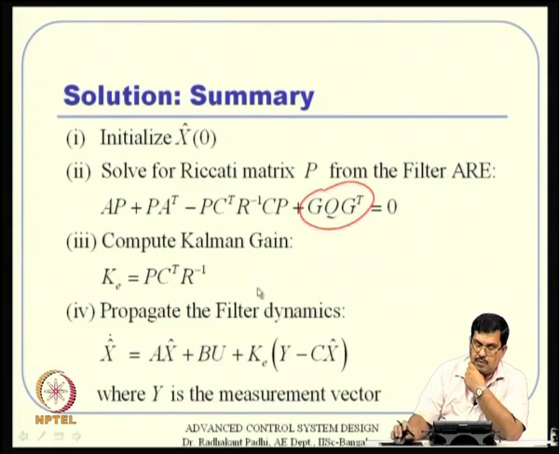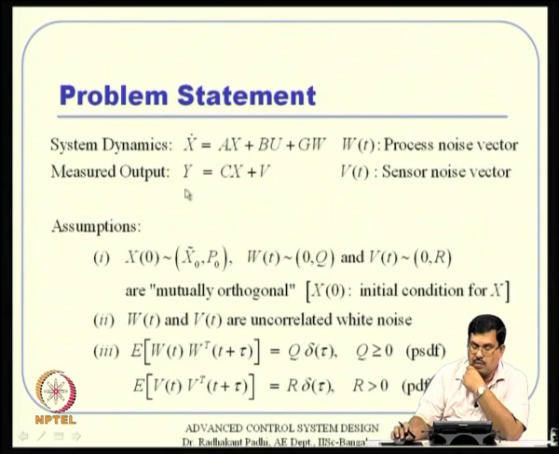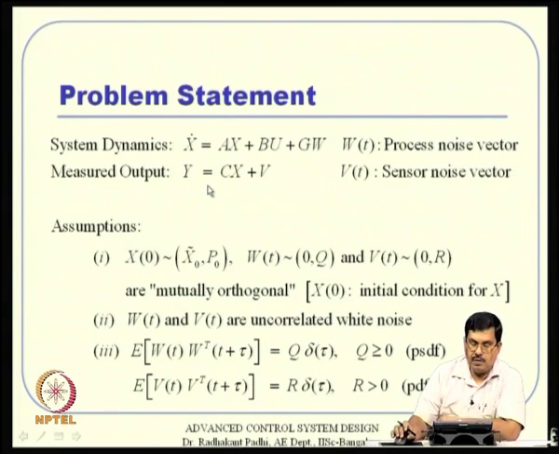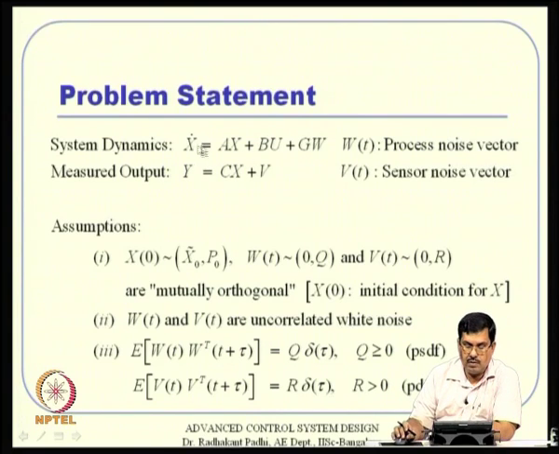But that is not the problem here. This entire formulation assumes a continuous availability of measurement. Y is X plus V, that means the measurement is continuously coming to us, and certainly that is not reality. Measurements are taken only at discrete points of time. So, if that is the case, then it also makes sense to discretize the system dynamic equation.